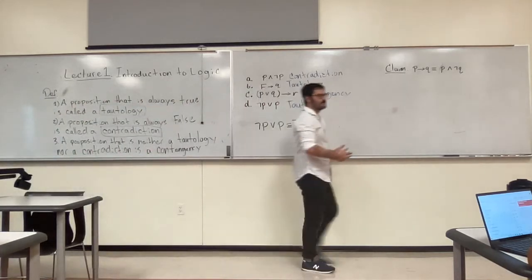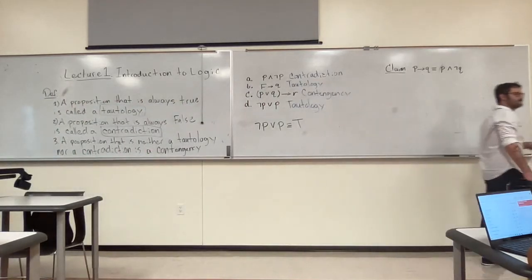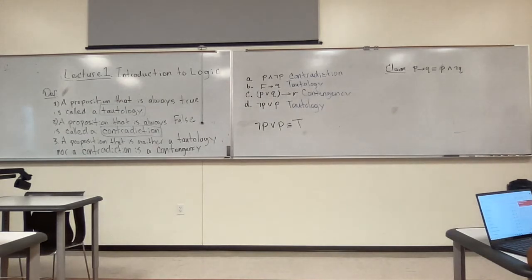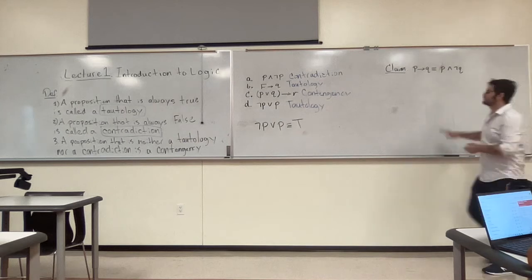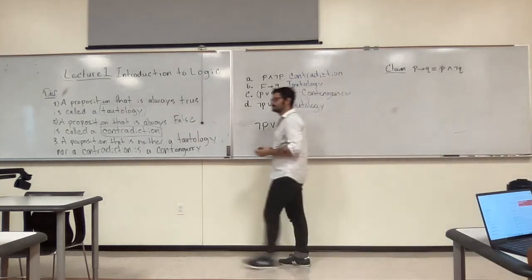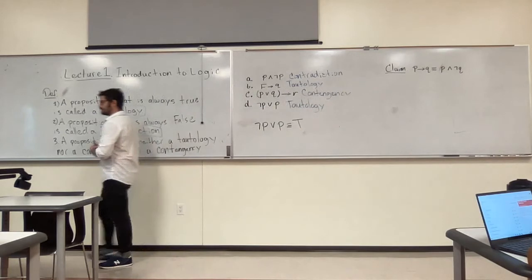You fill in the columns and show that they have the same truth values all the way down. So I claim that that's true. Take a few minutes to go ahead and do that.